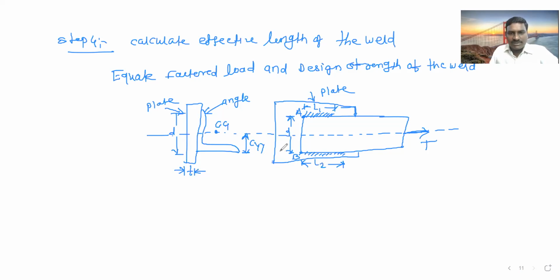This is Cyy distance. Cyy means this is the distance from the bottom of your angle to the CG of the angle. This distance is given in your steel table.